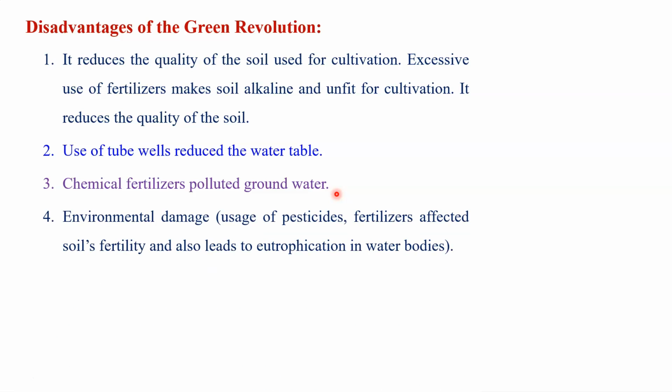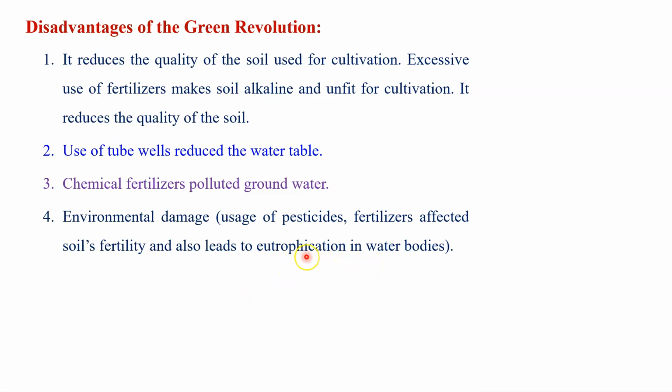Another important disadvantage is that it also impacted environmental quality, causing environmental damage. When we use pesticide and fertilizer, that directly affects the soil quality, soil fertility, and also leads to eutrophication in water bodies.